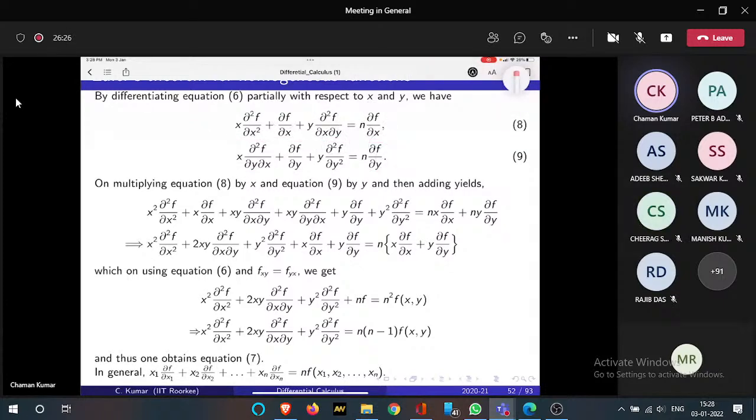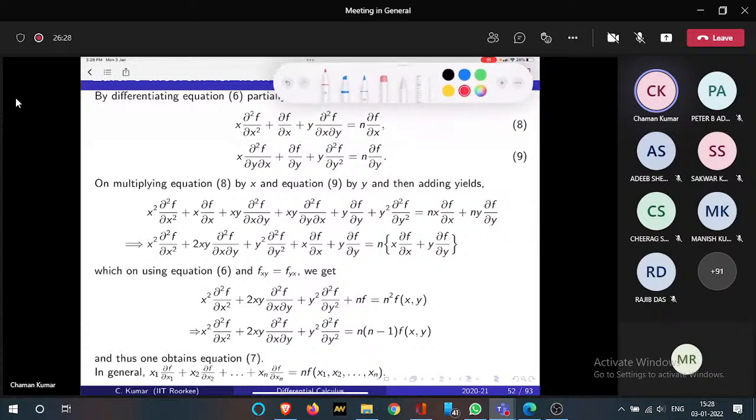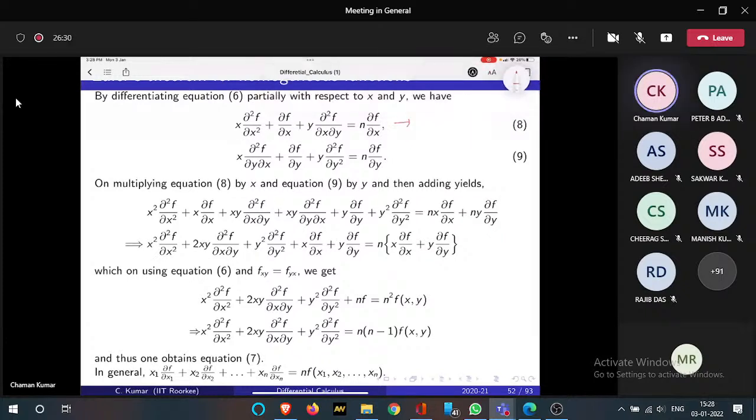And now what you do is you multiply equation 8 by x and equation 9 by y, and then add. So let us see what we get. This term will become x square times the second order partial derivative with respect to x. So we write it here.